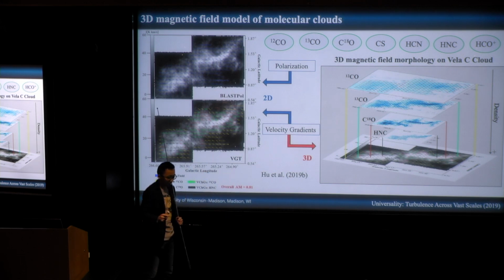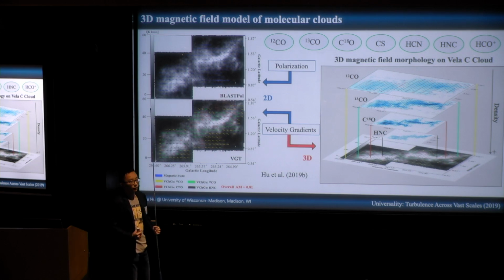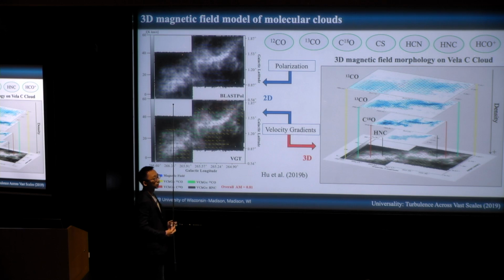The application of VGT to those different tracers can therefore tell us about the three-dimensional magnetic field in molecular clouds. And this is also an advantage of velocity gradients, because in the traditional method from dust polarization, we can only get the two-dimensional information about the magnetic field. But from velocity gradients, we can get both two-dimensional and three-dimensional magnetic field.